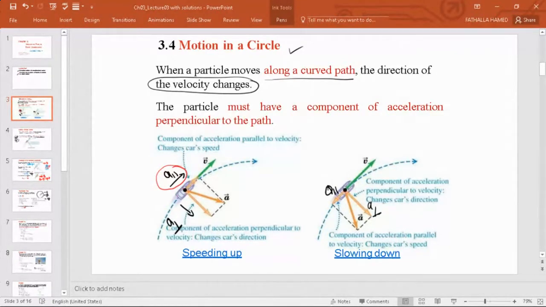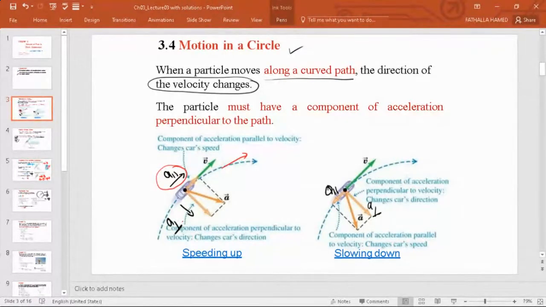But since you're going around the curved path, that means you have to change your direction. And since your velocity is always tangent to the curve, when it gets to a point, let's say here, that's how your velocity is going to be. So you're changing direction, and you need acceleration to do that for you.